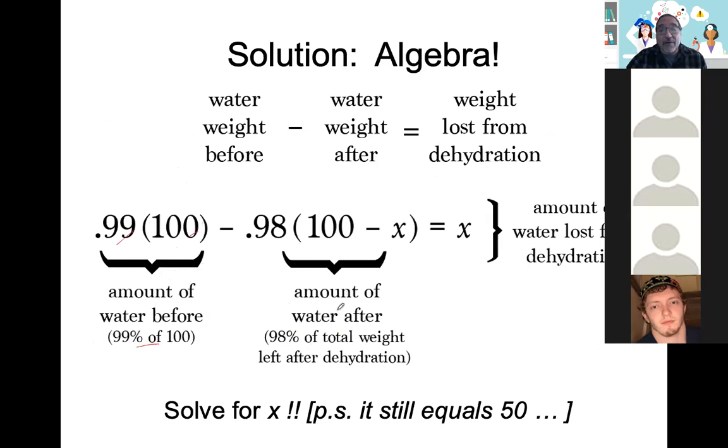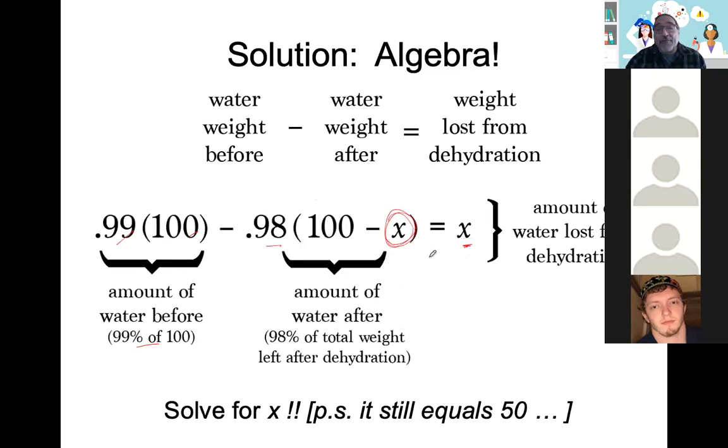How much water after we dehydrate? It's 0.98 times 100 minus X. And in this case, X is what its future weight will be. And of course, if we subtract the weight of water minus the water after dehydration, we actually get X.